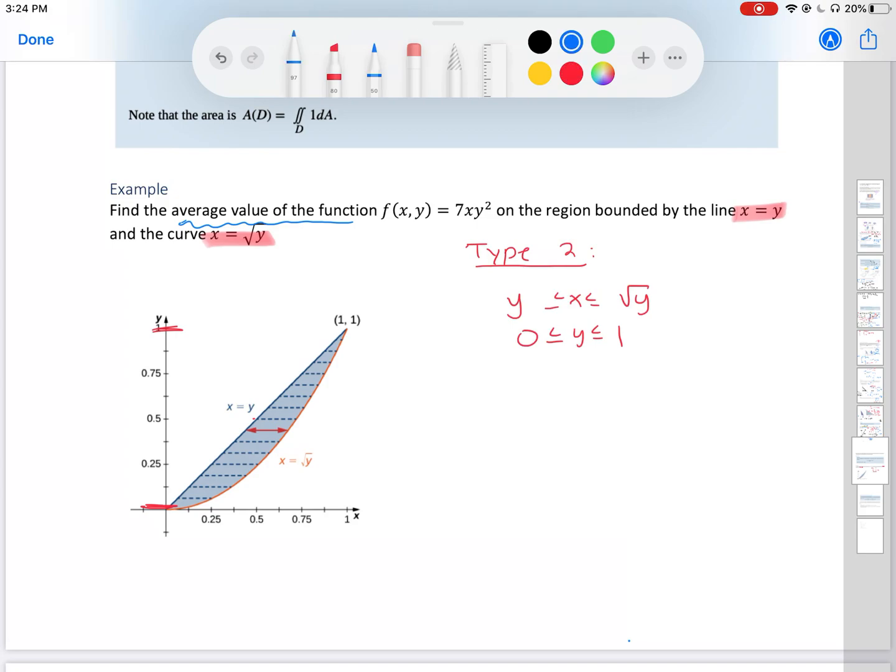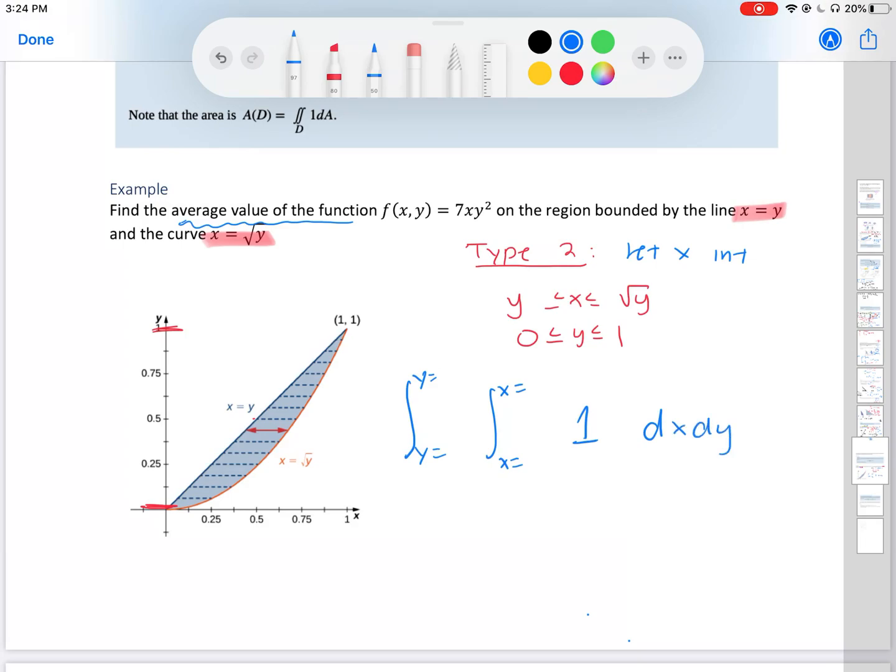So to find the area of the enclosed region, we're going to integrate over 1. Because it's type 2, it's in terms of y, we let x be first when we integrate. So I have x equals, and then y equals secondly, dx dy.